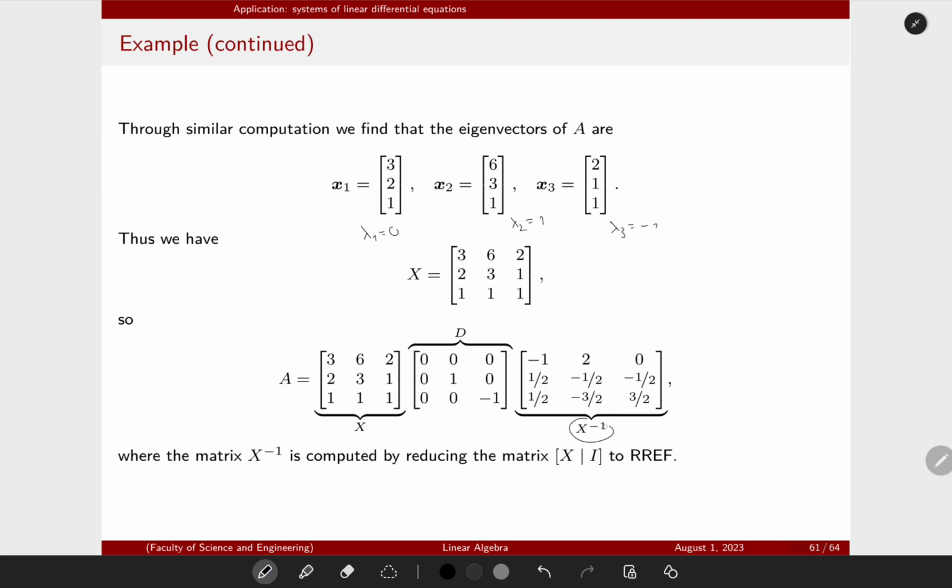The computation of this inverse is done by reducing the augmented matrix [X | I] to a reduced row echelon form. I have not covered this in the lectures, but you can just take it from me that it works. Okay, with that we have decomposed our matrix. We have X, X inverse, and we also have e to the Dt. So now the only thing we need to do is carry out our computation.